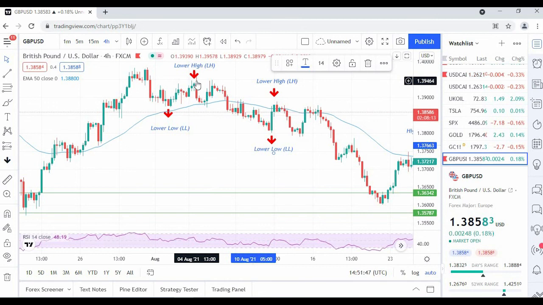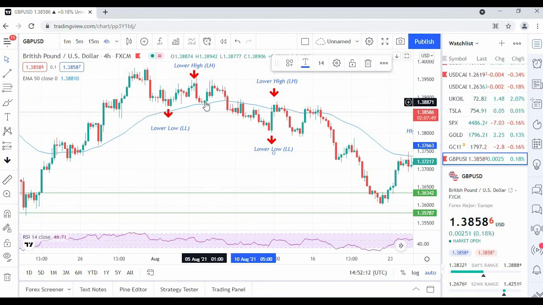Then the market further moves down, creating another high which is on the same level of the previous lower high. So this cannot validate the trend because it is on the same level of the lower high. So the market is trying to gain a sense of direction.